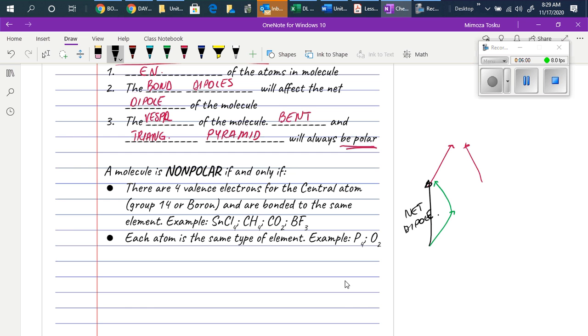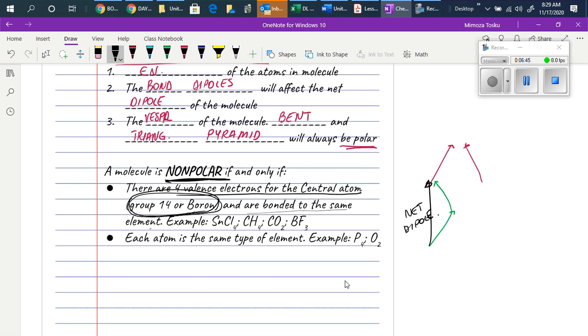A molecule is considered to be non-polar if and only if there are no lone pairs on the central atom, and there are 4 valence electrons in the central atom, with the exception of boron, which will be 3, and they are bonded to the same element.